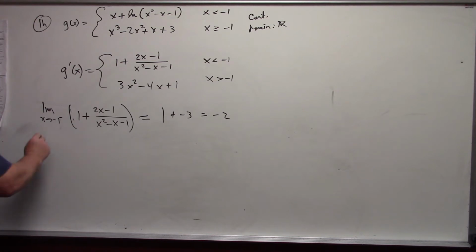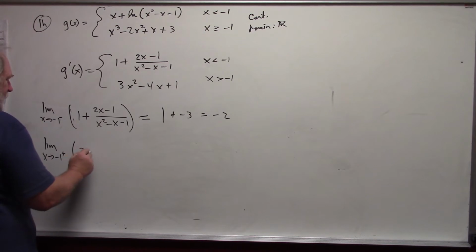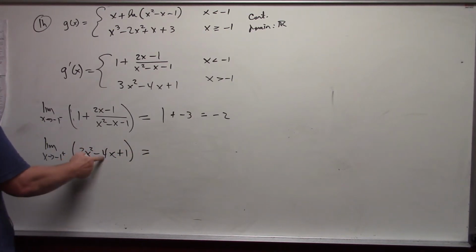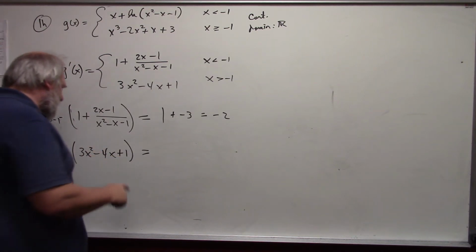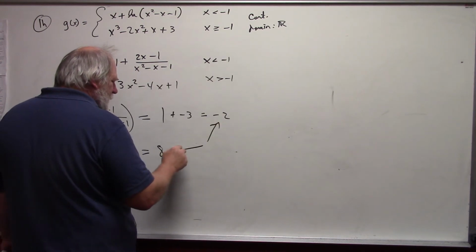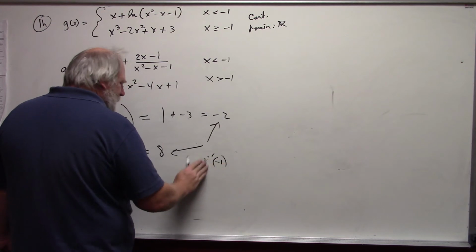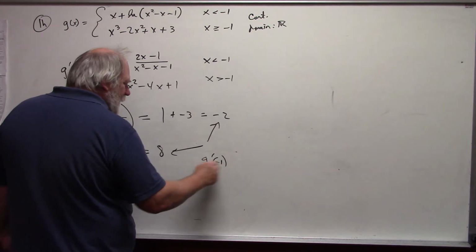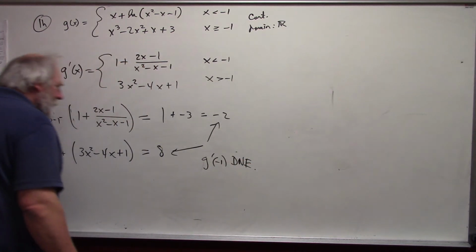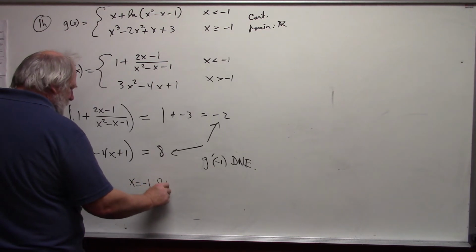And the limit as x approaches negative 1 from the right, 3x squared minus 4x plus 1, that is 3 plus 4 is 7, plus 1 is 8. Since these do not match, that means that g prime at negative 1 does not exist. I have a corner point, hence x equals negative 1 is a critical value.